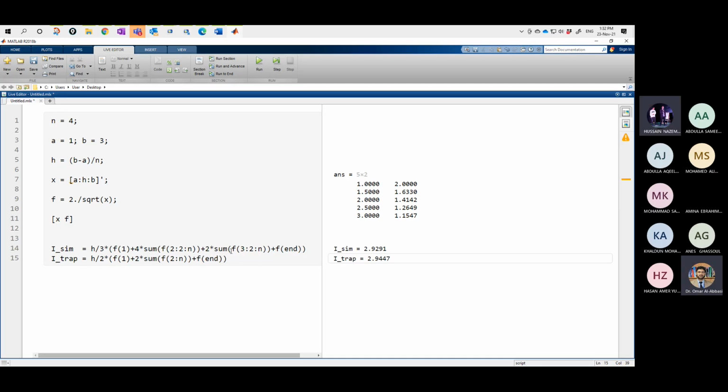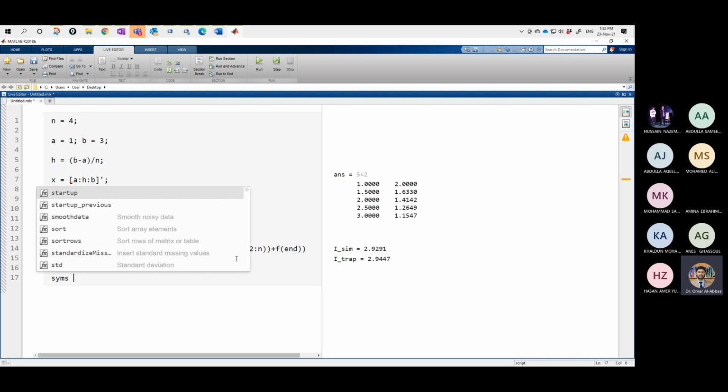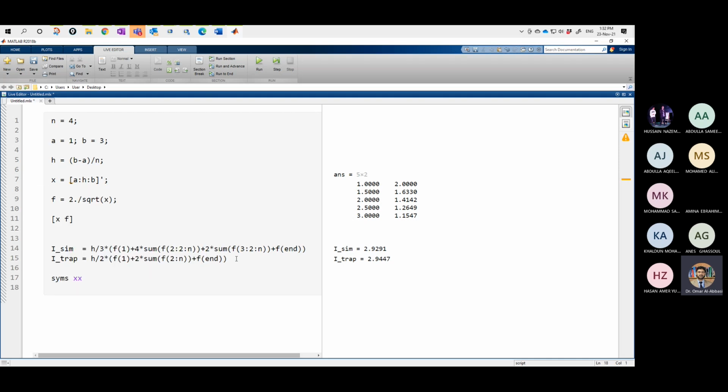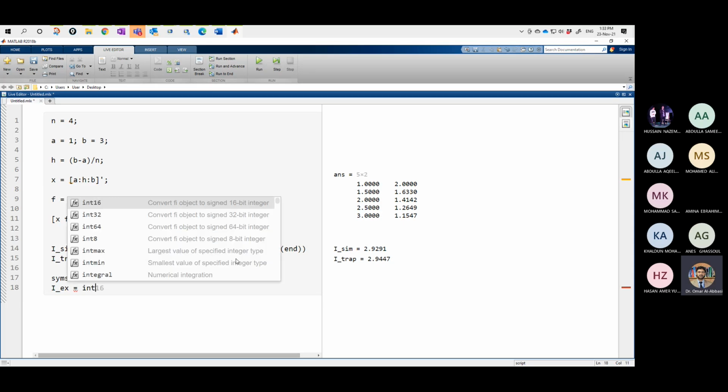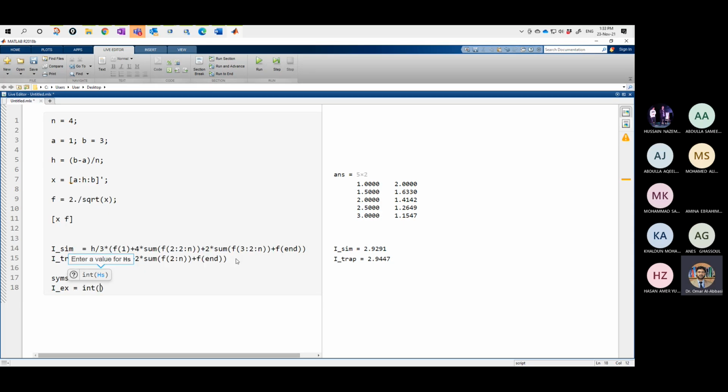Right. Okay. So if we want to compare it to the exact solution, what did we do? We introduce a new variable, I exact, and I want to integrate 2 divided by square root of x from the limits a and b.